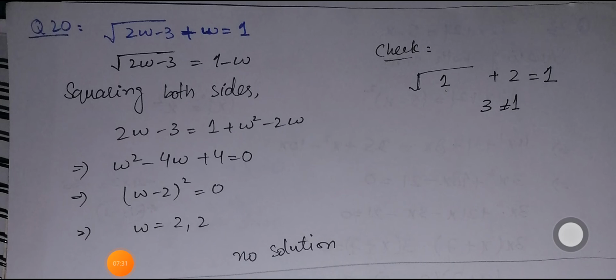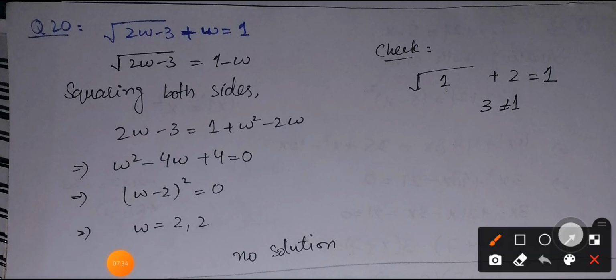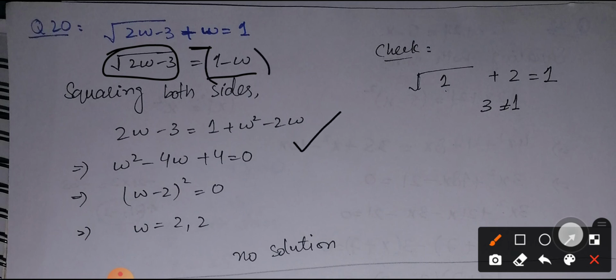Here we have question number 20. Again the same technique: we cannot apply square on both sides because one additional term is added over here. So we have to shift this term to the other side so that we have only the square root expression on one side. So we will have square root of 2 omega minus 3 is equal to 1 minus omega. Now squaring both sides we will get this equation. I have applied the formula a minus b whole square over here, and here is a quadratic equation that could be solved by factorization, by completing the square, or by the quadratic formula.